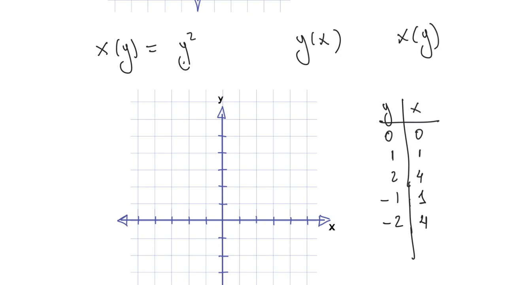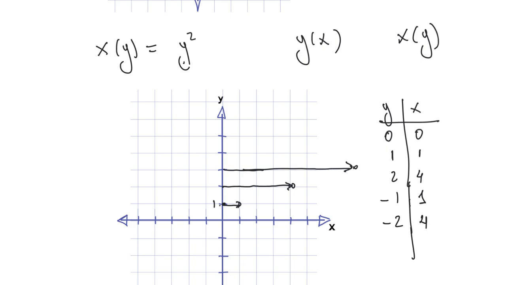Let's plug in these numbers. If y is equal 1, the x is 1. If y is 2, the x is 4. 1, 2, 3, and 4. If y is 3, the x will be 9.